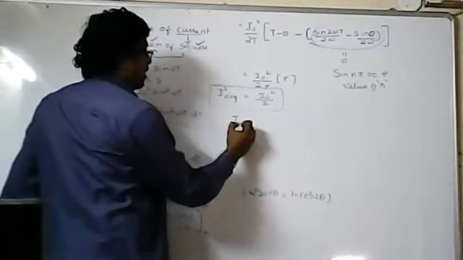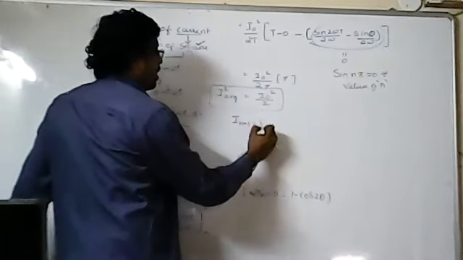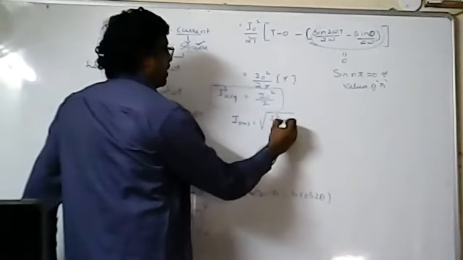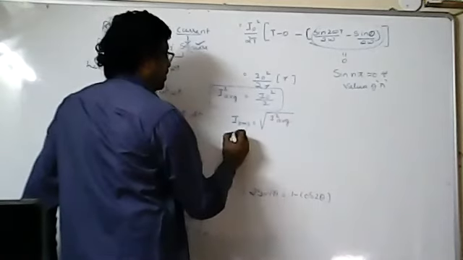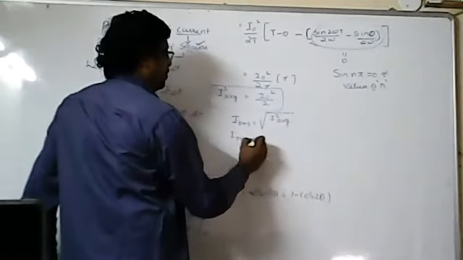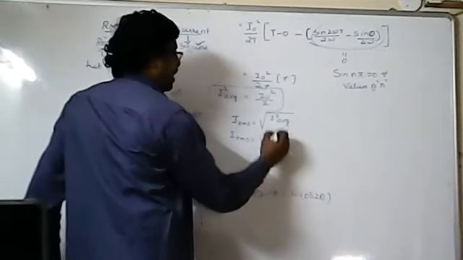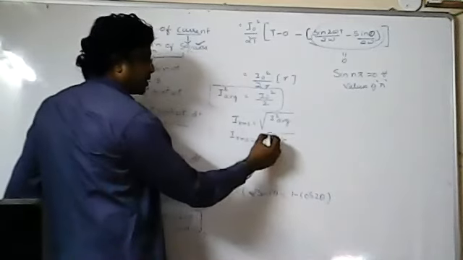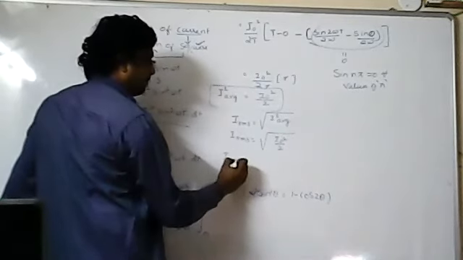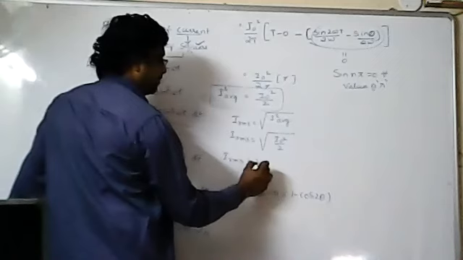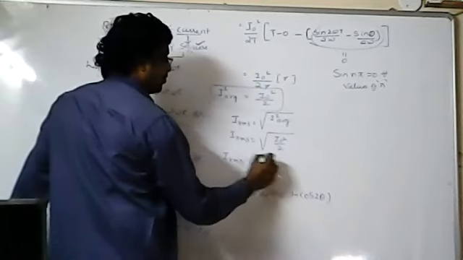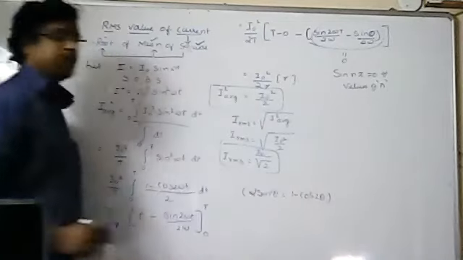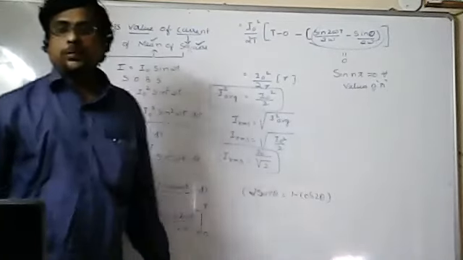So I RMS is equal to the square root of I square average, which is the square root of I naught square by 2. So the square root cancels the square, and we get I RMS is equal to I naught by root 2.